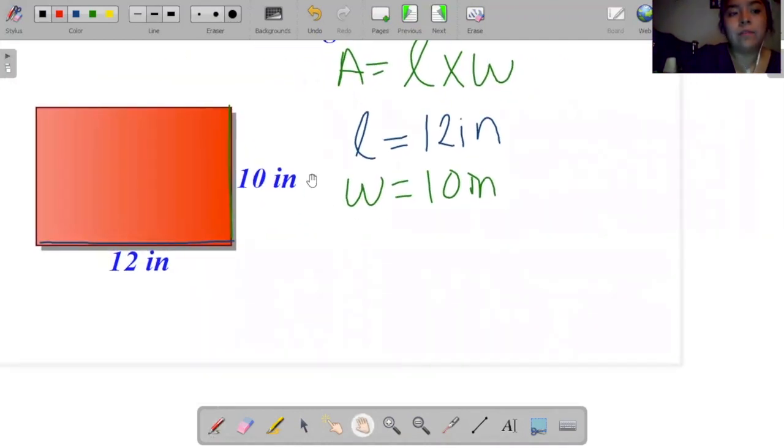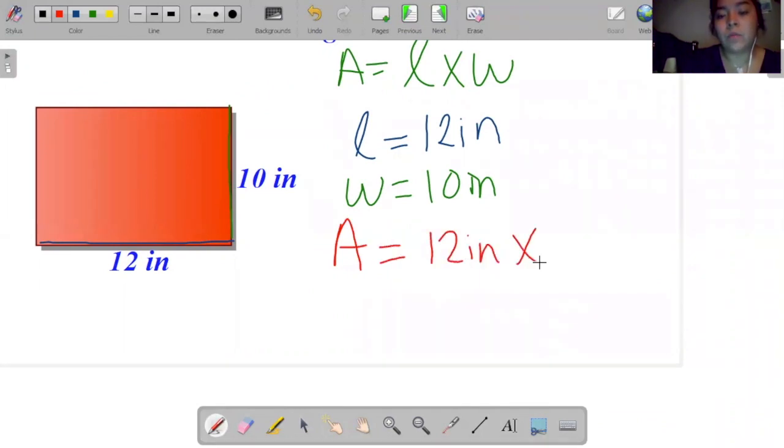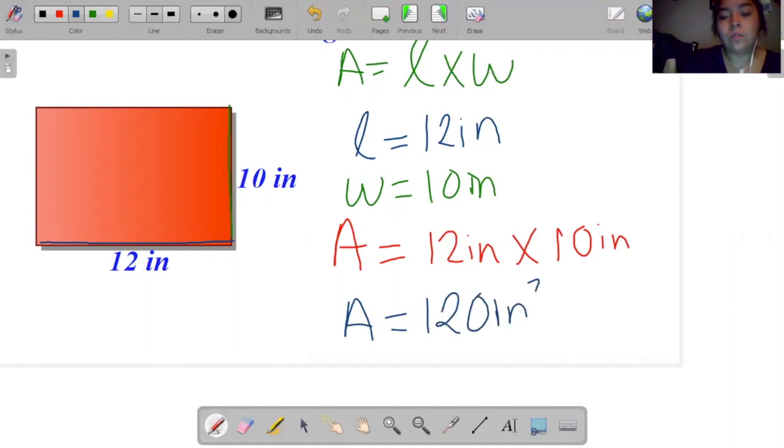So then we have A is equal to length, 12 inches, times our width, which is 10 inches. So then 10 times 12, or 12 times 10, is 120 inches square. So the area of this rectangle is 120 inches square. Don't forget your units.